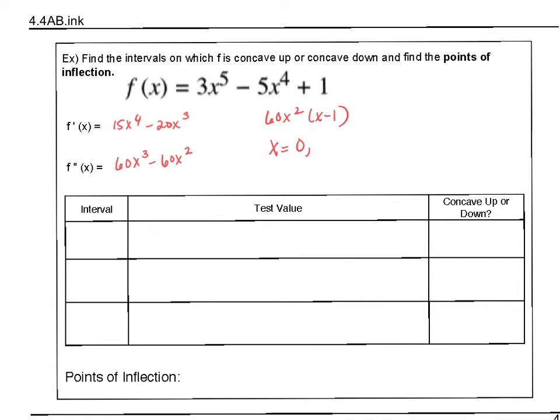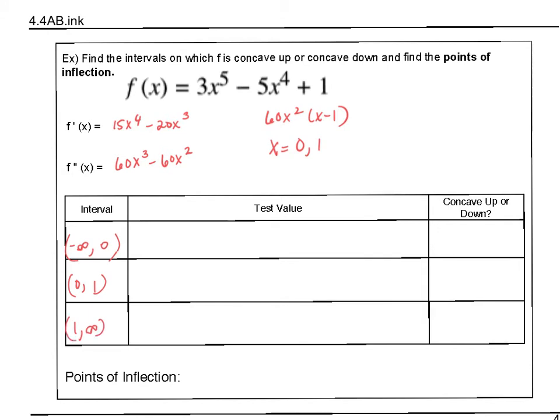Here we're going to get two possible points of inflection, 0 and 1. Okay. We're going to interval test around those values to see if we have change in concavity. So we're going to go from negative infinity, because this is a polynomial, until 0, 0 until 1, and 1 until positive infinity.